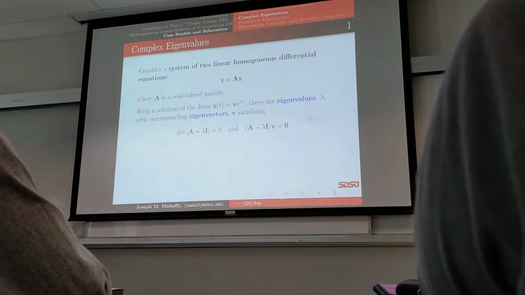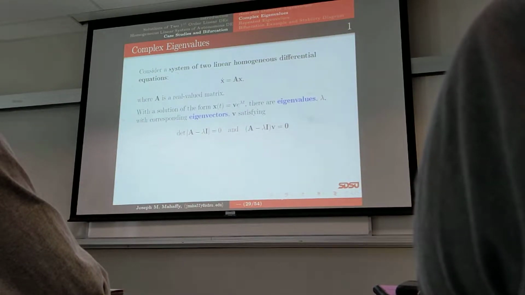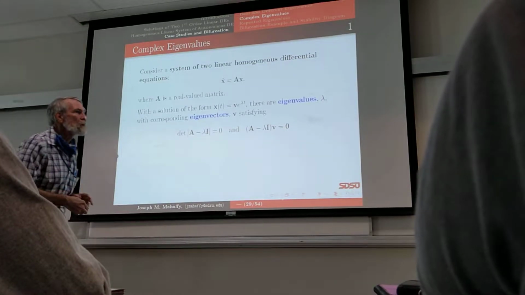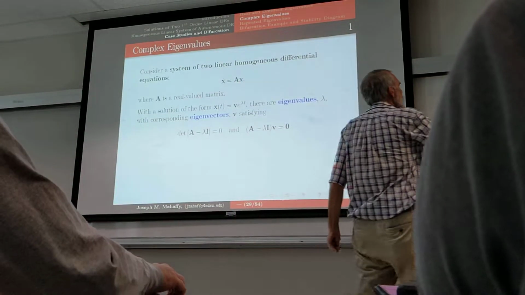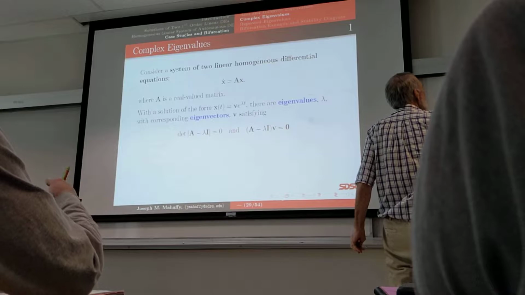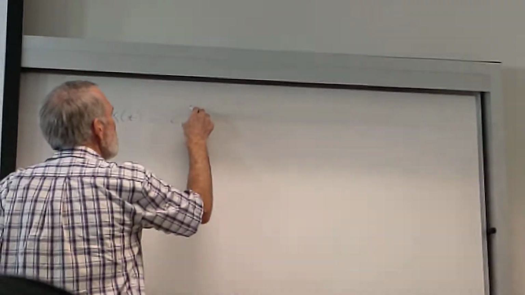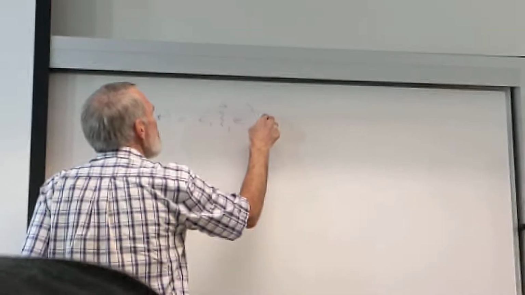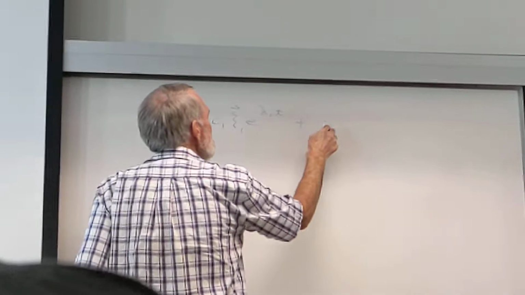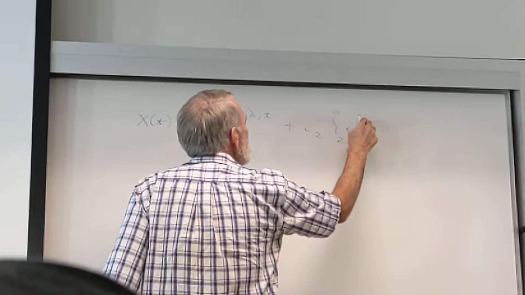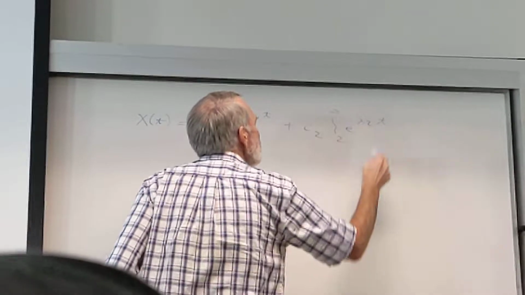That's got special things. So if you've got two real roots, then we know we can write the general solution, x of t equal to c1 e to the lambda 1 t plus c2 e to the lambda 2 t.